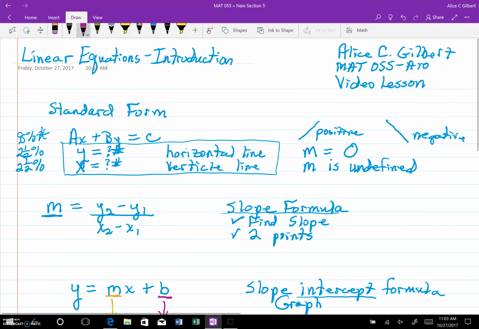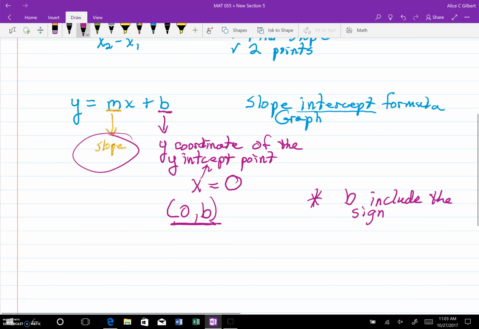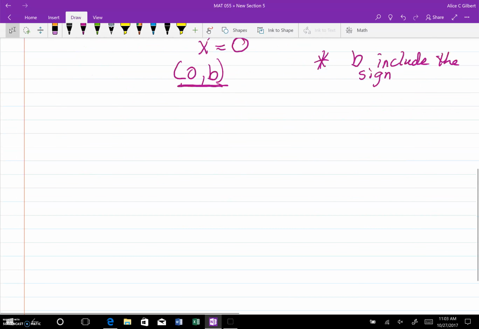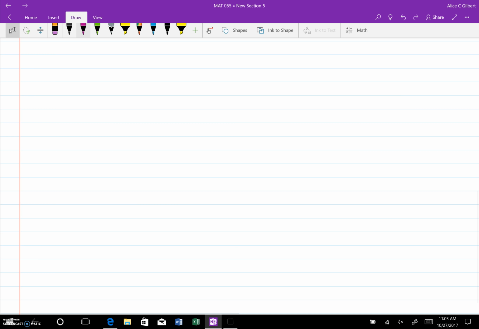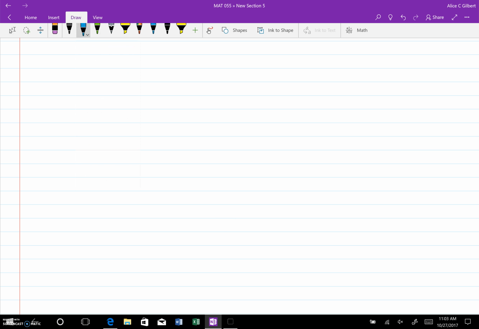Standard form, ax plus by equals c. And one more thing that you're going to have to know and commit to memory is the formula y minus y sub 1 equals m, slope, times the quantity x minus x sub 1.